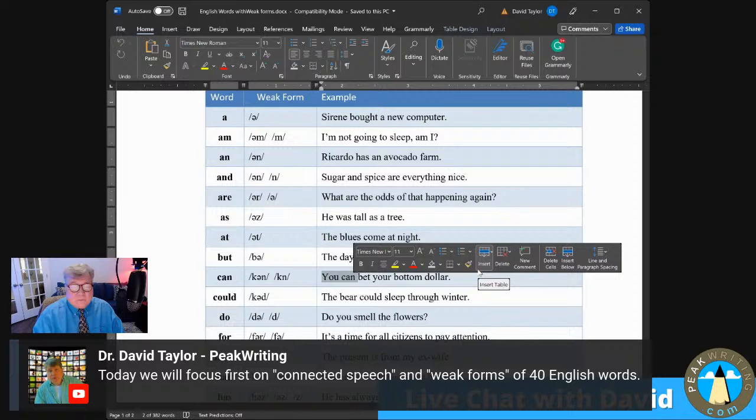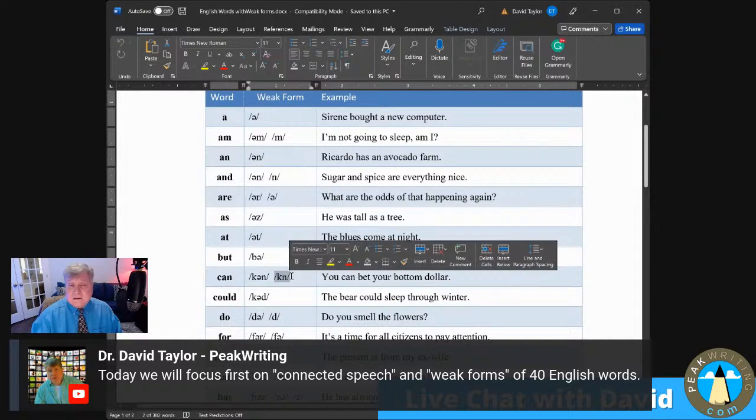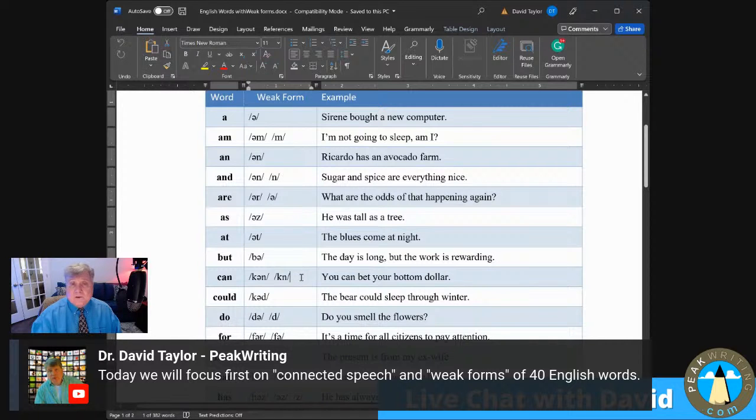If you have learned that rule, keep in mind that rule is for formal English. That rule is not for the English that is produced by connected speech. So here we have a form of the word can that has been reduced to a monosyllabic consonantal syllable.